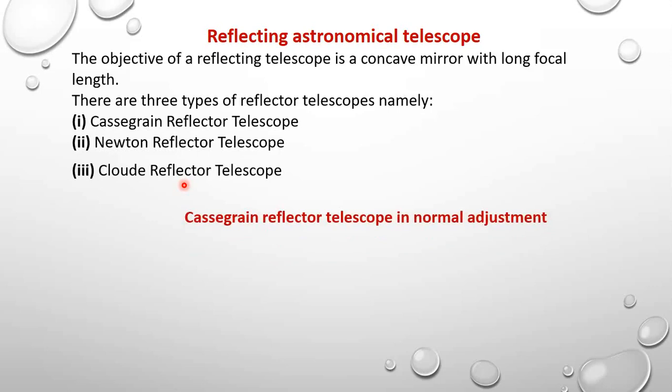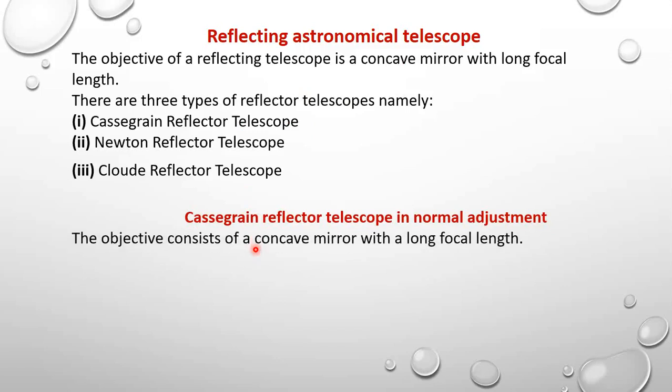Here the objective of the Cassegrain reflector telescope in normal adjustment is a concave mirror with a long focal length, and light rays of a distant object are first reflected by the concave mirror and then by a small convex mirror, and the final image is formed at the pole of the concave mirror, at a hole which is situated at the pole of the concave mirror.